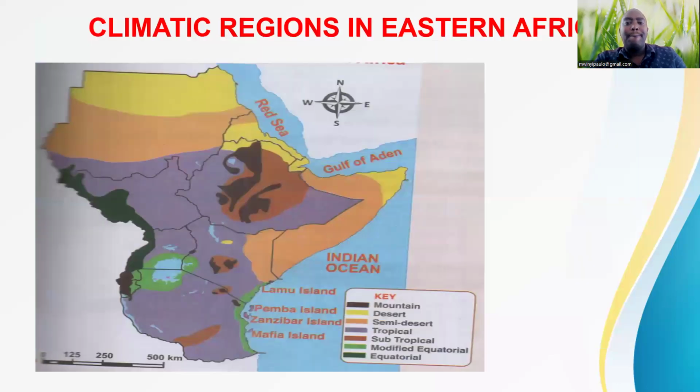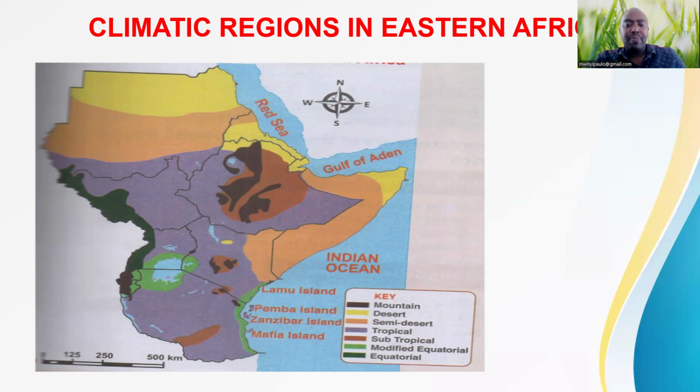Good. On your screen, I'm displaying a map showing different climatic regions in Eastern Africa. You can see the mountain climatic region, the desert climatic region, the semi-desert, tropical, subtropical, modified equatorial, and the equatorial climatic region.